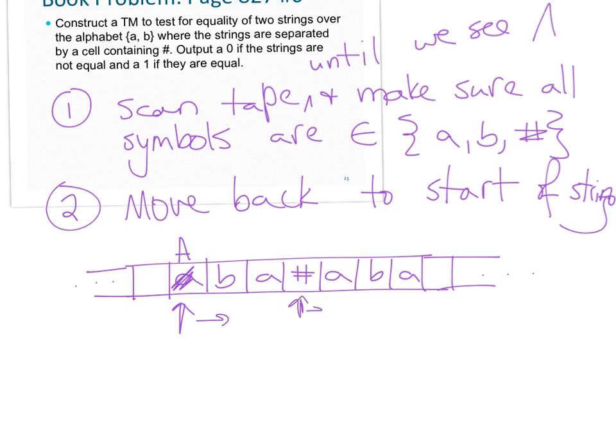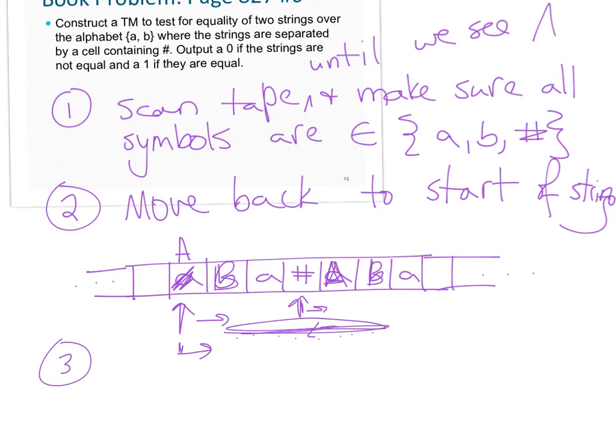And then I will go to the right, skipping uppercase letters until I see the first lowercase letter. And if it's also an A, I will write a capital A. And I'll move left, past the pound sign, and then keep going until I see a capital letter. I'll move one to the right, I'll see the B, I'll turn it into a capital B. Are you with me here? I move to the right, and I try and match it. You with me? And back and forth, right?